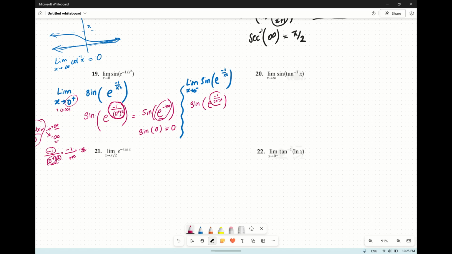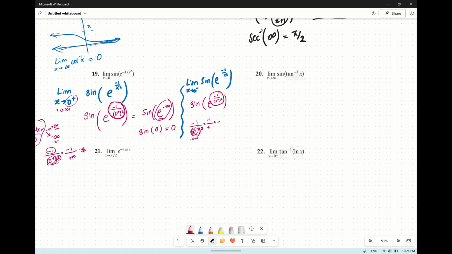Now I need to study the sign of this: minus 1 over 0 from the left squared. 0 from the left means like negative 0.01, so it's a negative number. But what am I doing to this number? I am squaring it, so it will become positive. Up there's negative 1. Negative divided by positive is negative. So this thing is also negative.